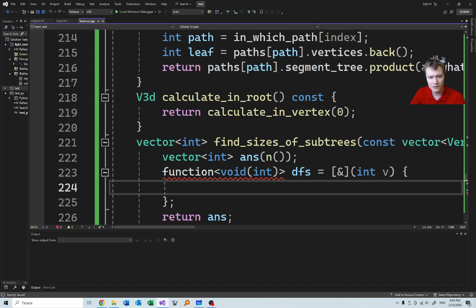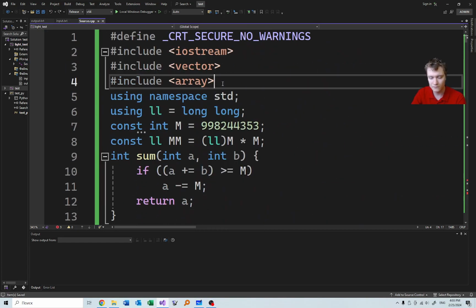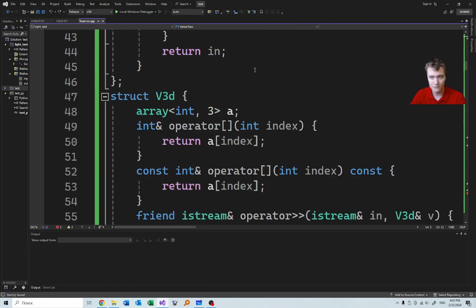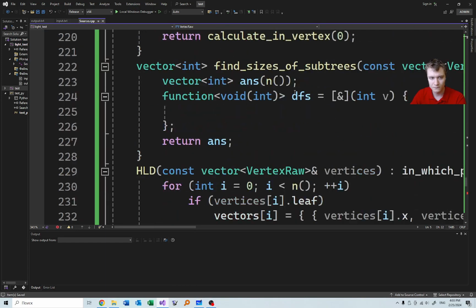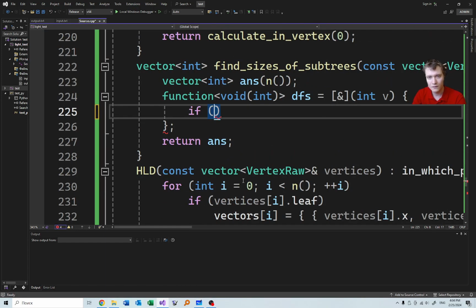What do we do in the DFS? Function is undefined because we need to include functional. So if size of subtree should be what? Should be number of vertices.